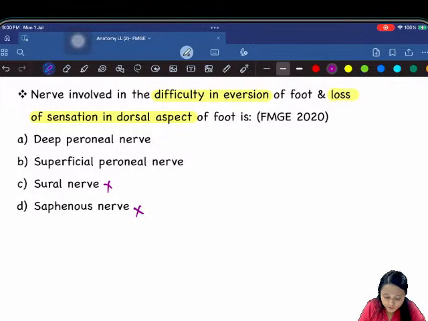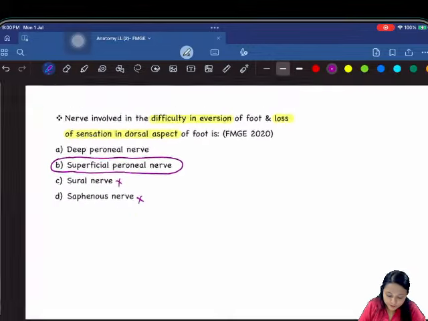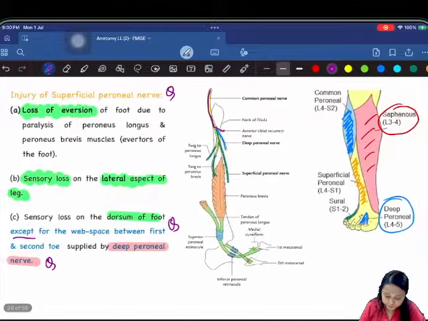Among these two, the answer will be your superficial peroneal nerve because it is supplying the everters. Deep peroneal is not supplying the everters, right? Deep peroneal किसका nerve supply है? You can see in this image.